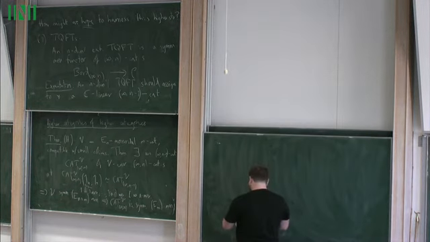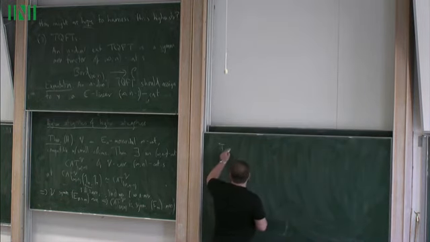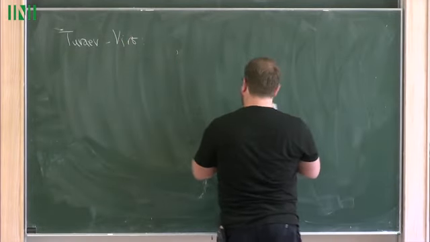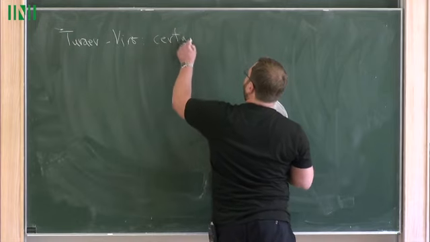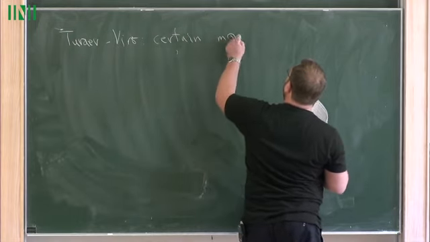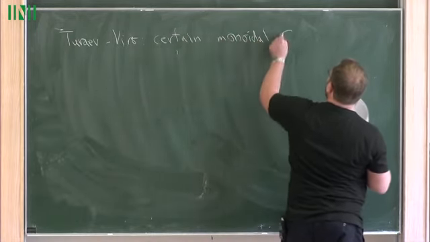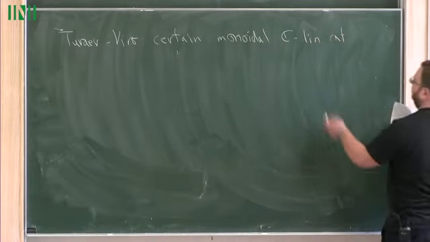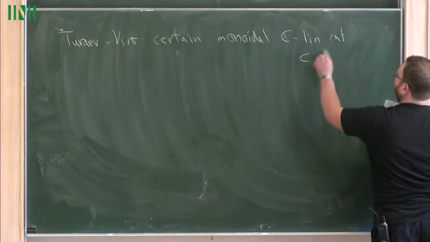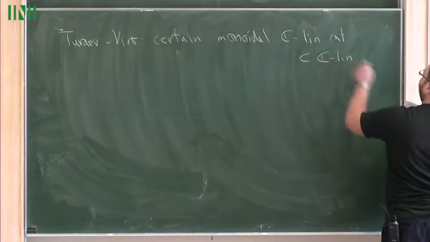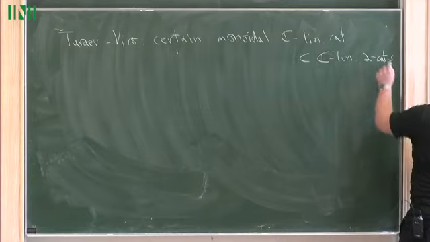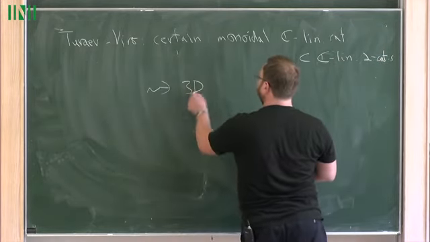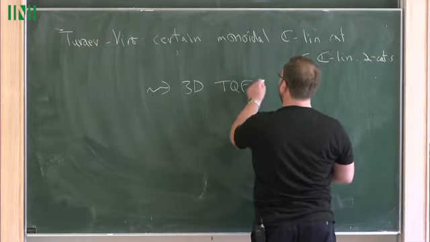For example, you have the construction of Turaev-Viro, which tells you that from certain monoidal C-linear categories, which are a special kind of C-linear 2-categories, you get 3-dimensional TQFTs.